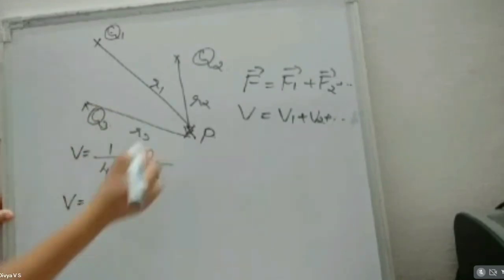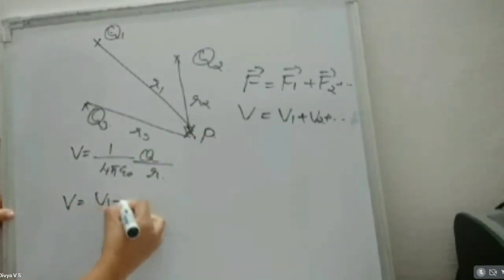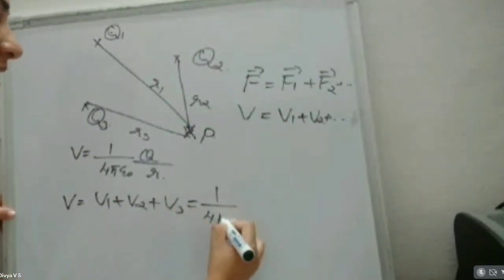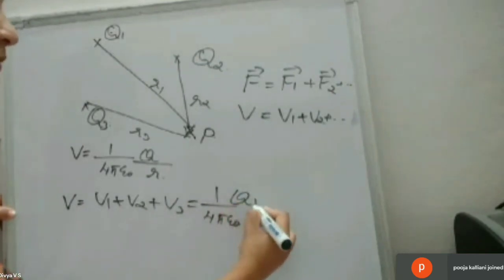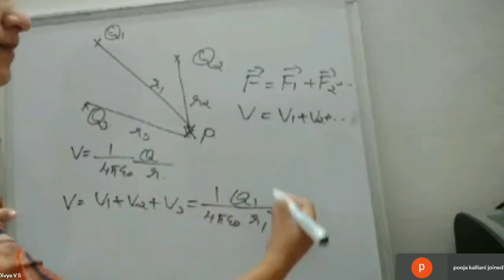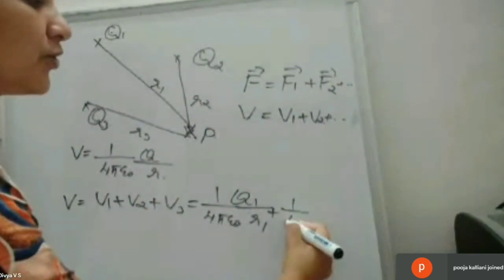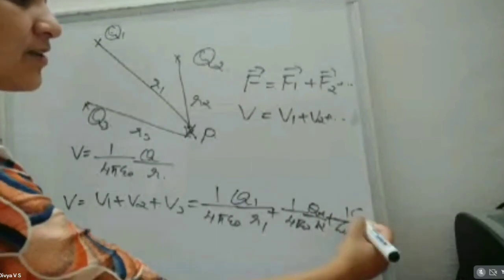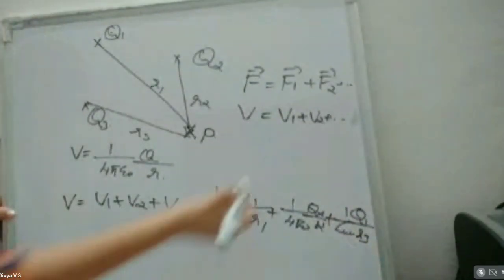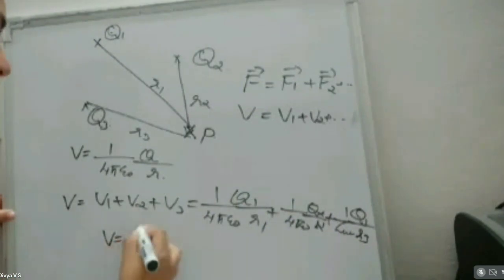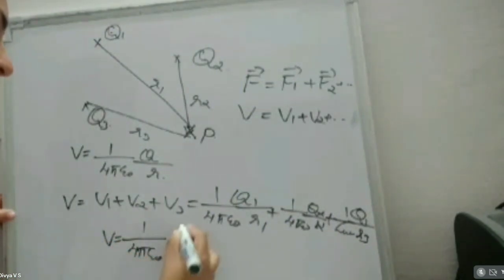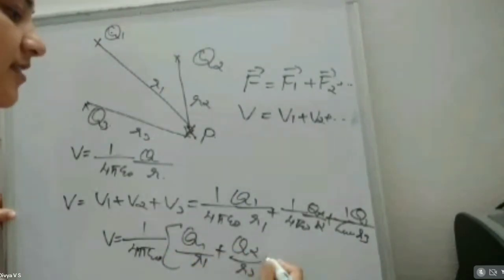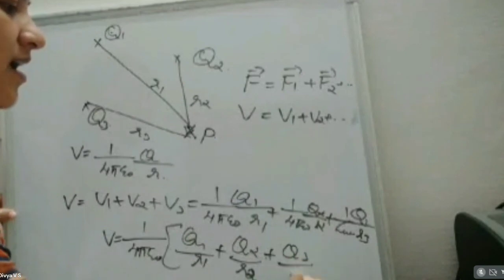So here the total potential at P is equal to V1 plus V2 plus V3. Three charges are there. So 1 by 4 pi epsilon 0 Q1 divided by R1 plus 1 by 4 pi epsilon 0 Q2 divided by R2 plus 1 by 4 pi epsilon 0 Q3 divided by R3. 1 by 4 pi epsilon 0 is common, which we can take out, into Q1 by R1 plus Q2 by R2 plus Q3 by R3.